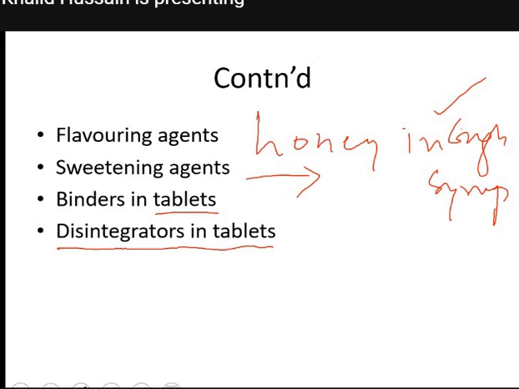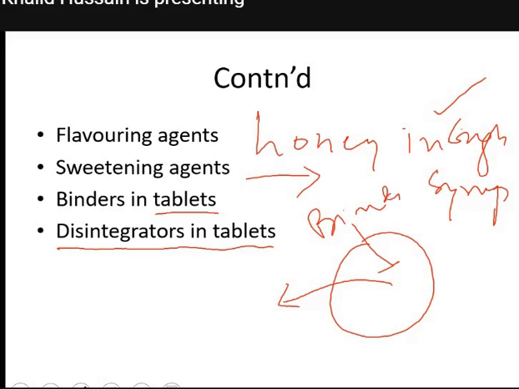When we take powder material and want to make a tablet, we cannot make it unless we add some binder, so the binder is added so that the substance can bind. Then we also add disintegrants inside so that when the tablet is put in water, it disintegrates itself. So disintegrants are added in the tablet, and these are carbohydrates.